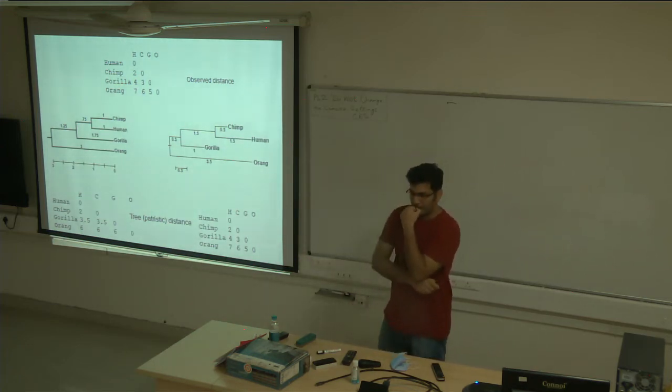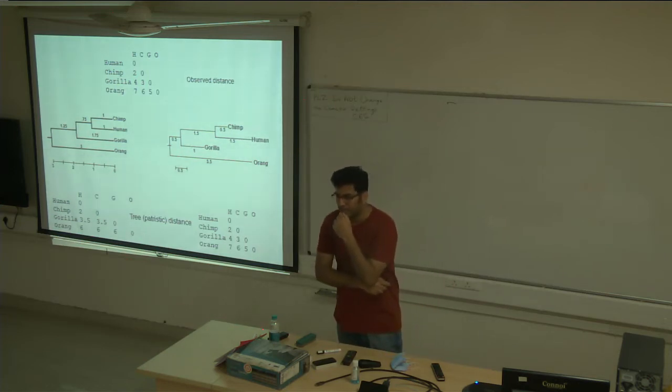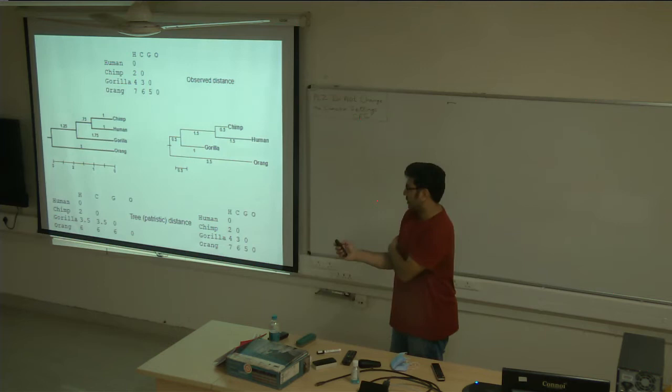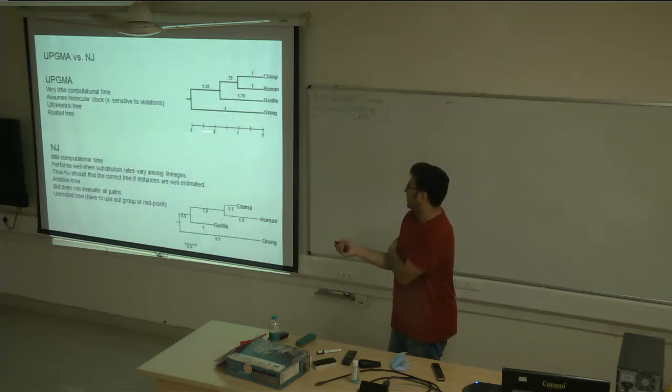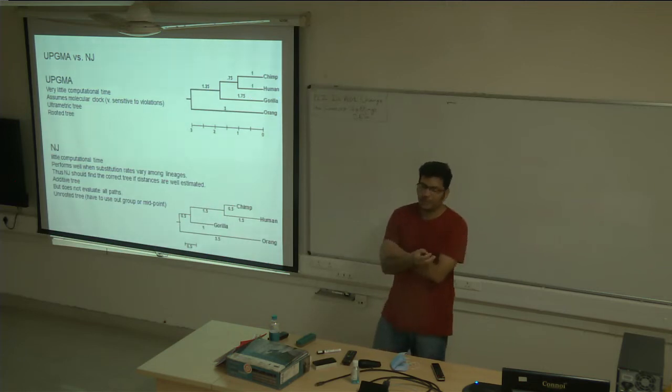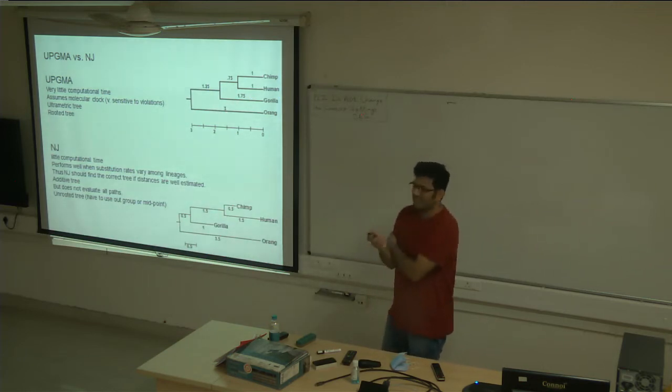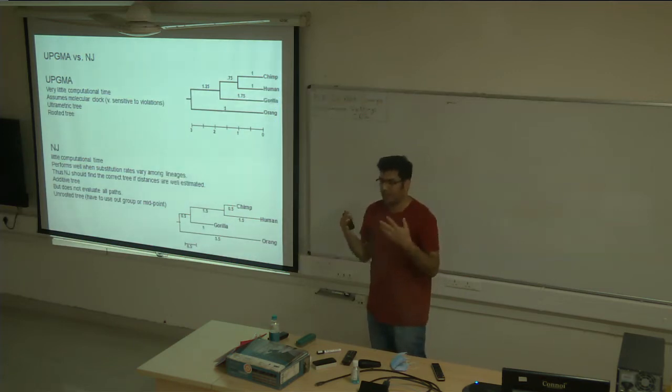So the main difference between UPGMA and neighbor joining is that one assumes a molecular clock. UPGMA assumes that all the lineages evolve at the same rate, and that's why we get that difference. It is sensitive to violations, because you never have the case that lineages are evolving at the same rate.